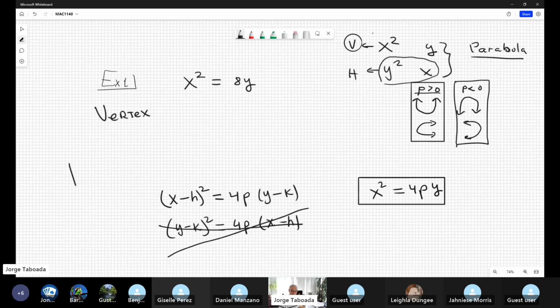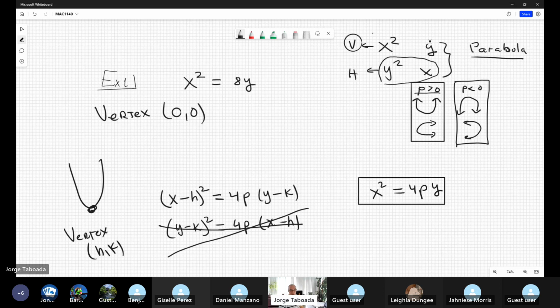Now the vertex, the technical name of this point, is the most important point in the parabola. It's the vertex. Always located at the point h comma k. In our example, it's located at the point 0, 0. What about p? It's obvious, compare this equation and this equation, that 4p is equal to 8.